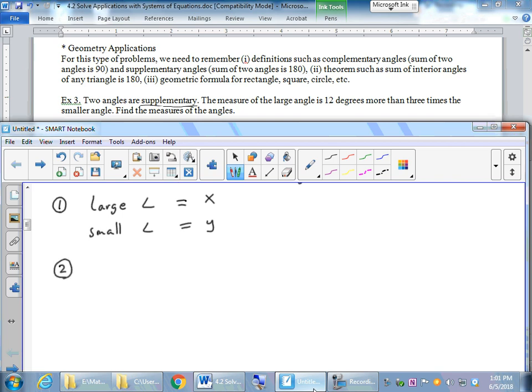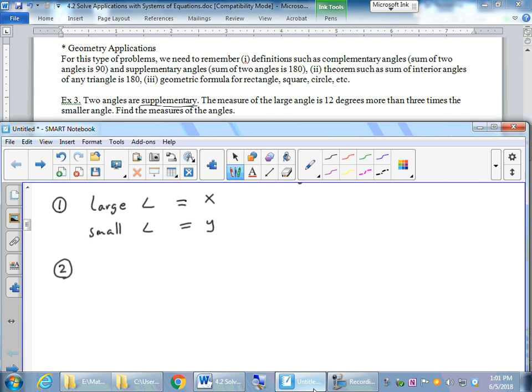Now, these type of problem is slightly different than the previous two examples because the previous two examples tell us translating and then get the equations right away. Right here, we need to know all the properties, theorems, formulas in order to be able to set it up.